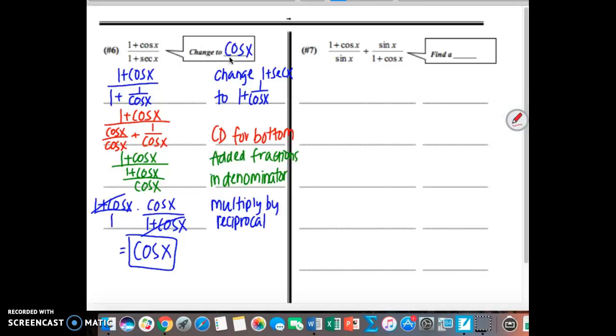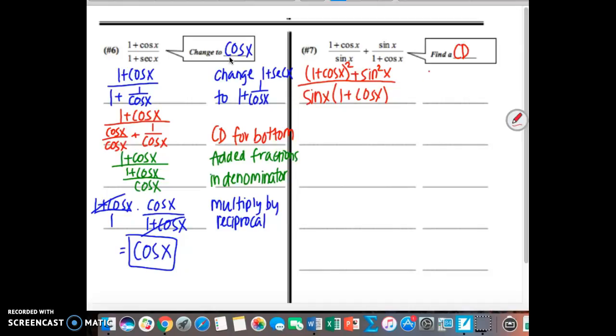Example 7 is 1 plus cosine of x divided by sine of x, plus sine of x divided by 1 plus cosine of x. Our first step is to find a common denominator. Our common denominator will just be sine of x times 1 plus cosine of x. So we will have 1 plus cosine of x, quantity squared, plus sine squared of x, all divided by sine of x times 1 plus cosine of x.